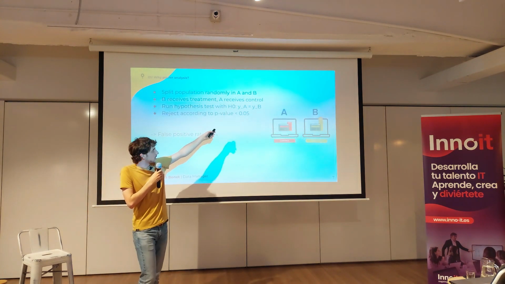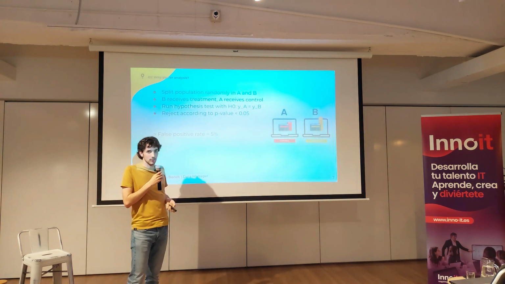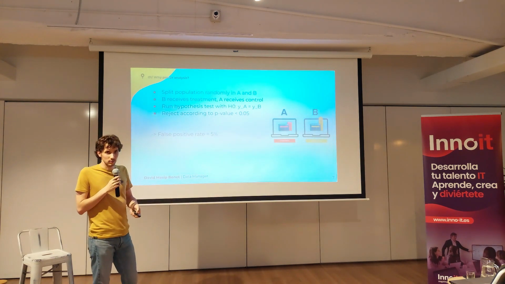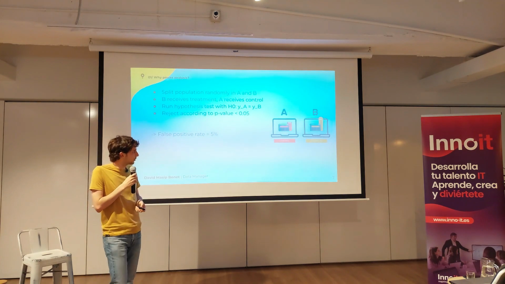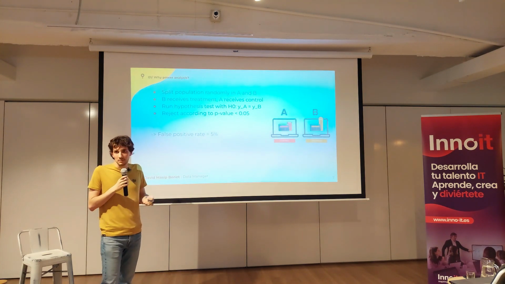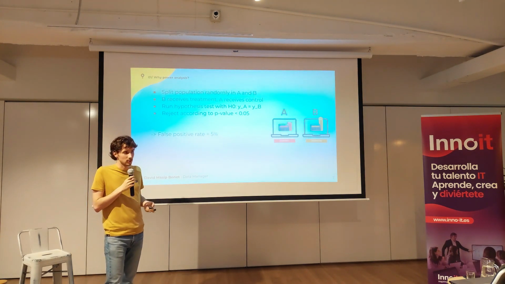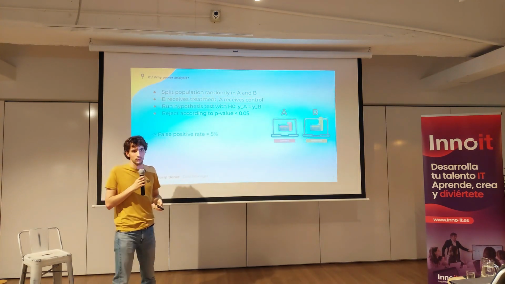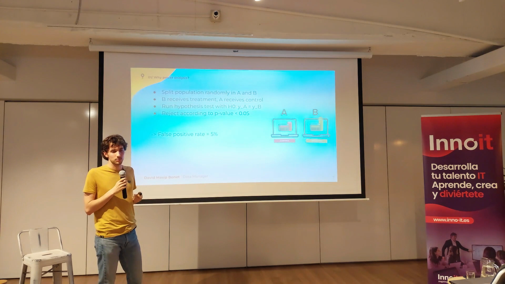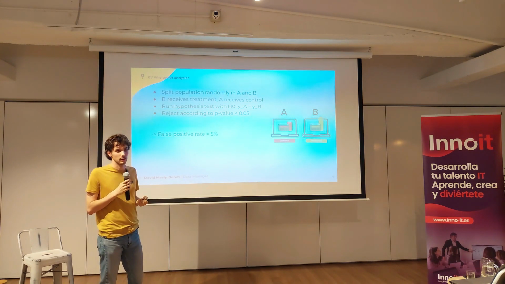And this 0.05 that we usually take to decide if there was a change or not in the p-value is not a fixed thing. You can actually change it, but when you set this threshold to 0.05, what you're saying is my false positive rate is 5%.